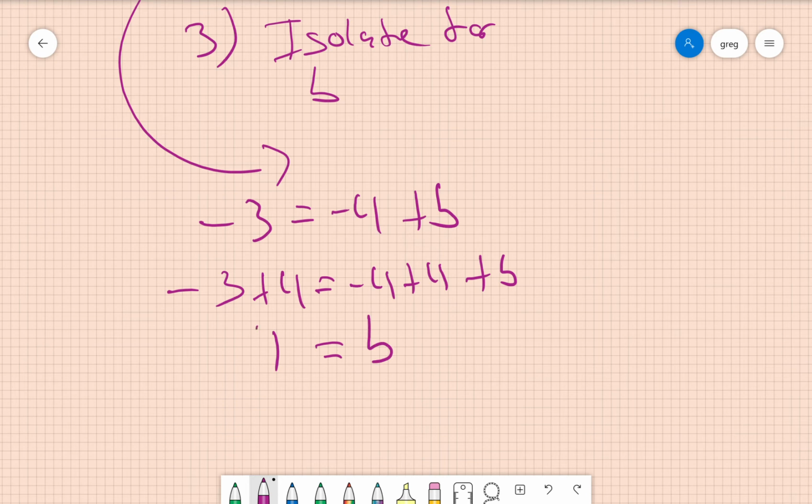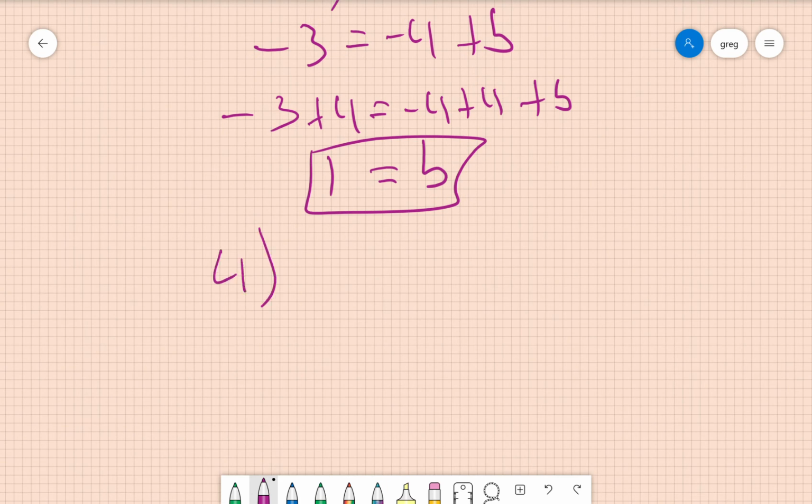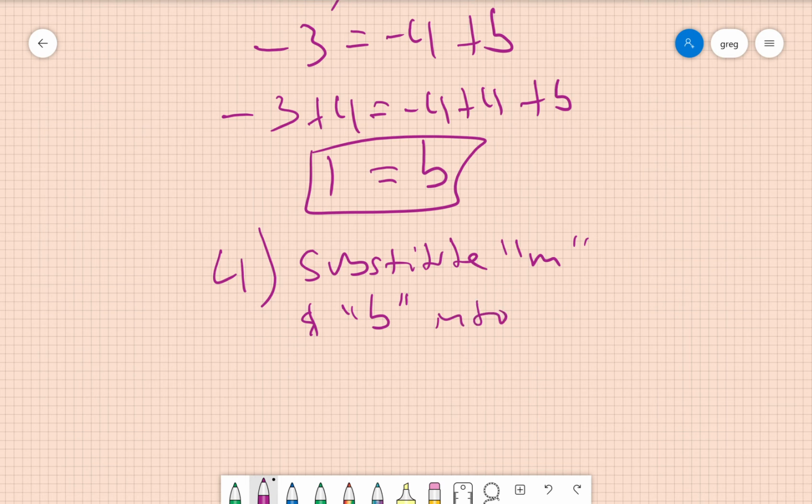Yes. So now, let's just finish this out. Step 4, you want to substitute M and B into y equals mx plus b form.